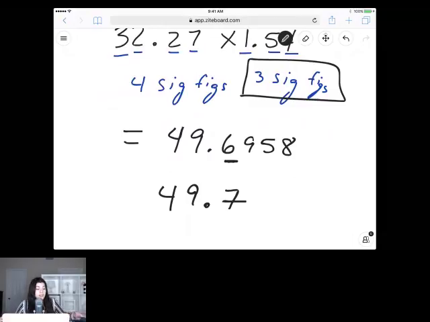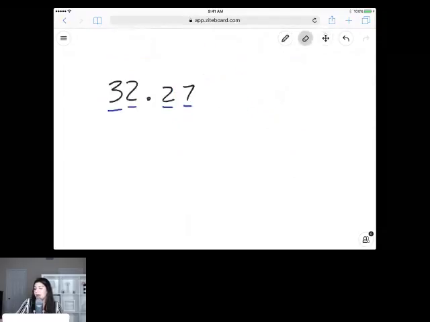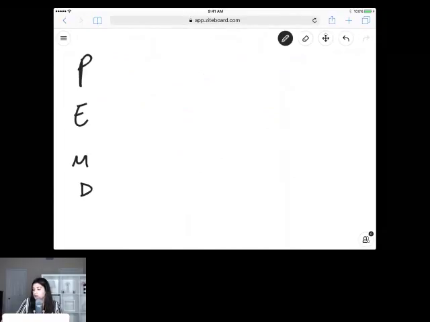Now, I was asked, what do you do when you have addition and multiplication put together? I was going to answer that question right now. A lot of this goes back to math. And I'm sure you guys remember, I hope you guys remember PEMDAS, or order of operations. So I'll put that here, PEMDAS. Little bit of a math review.